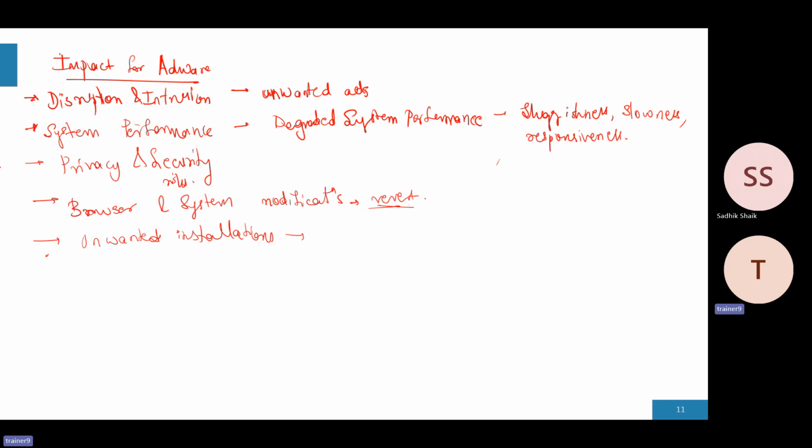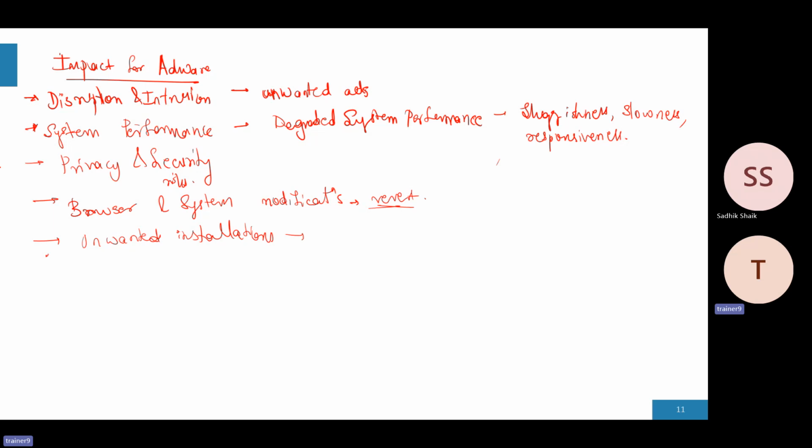Sometimes it might be causing a lot of annoyance and minor disruptions, which is okay. You are ready to live with it because it is coming free or at a lower cost. But there are certain impacts which are really concerning, like changing the settings and all.